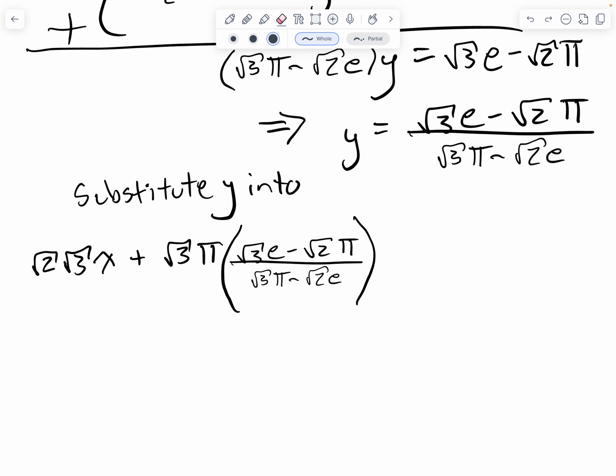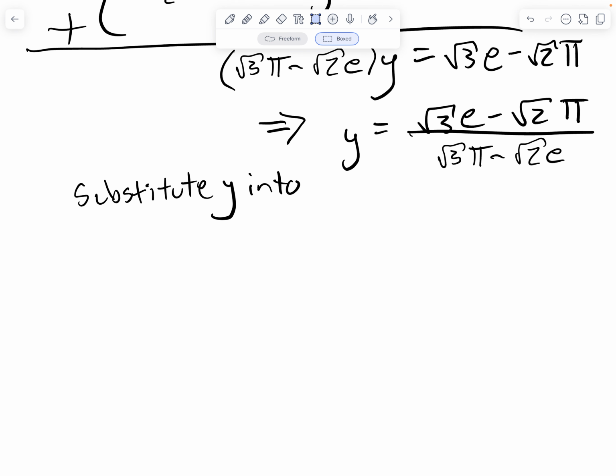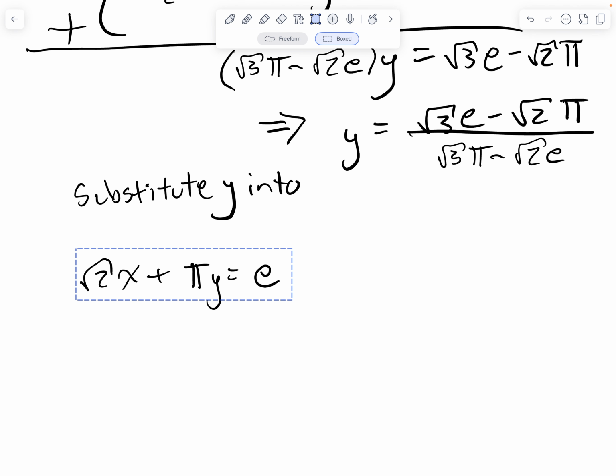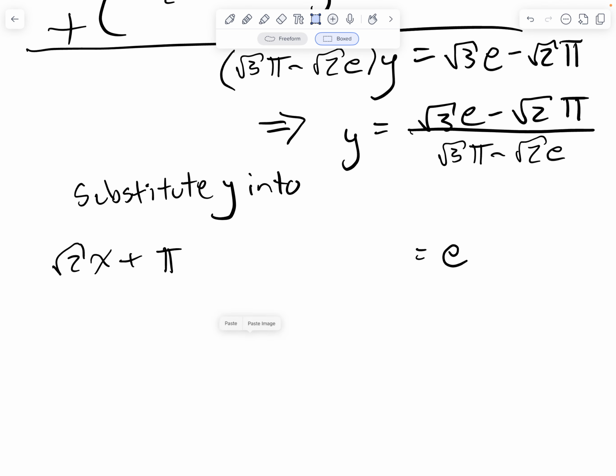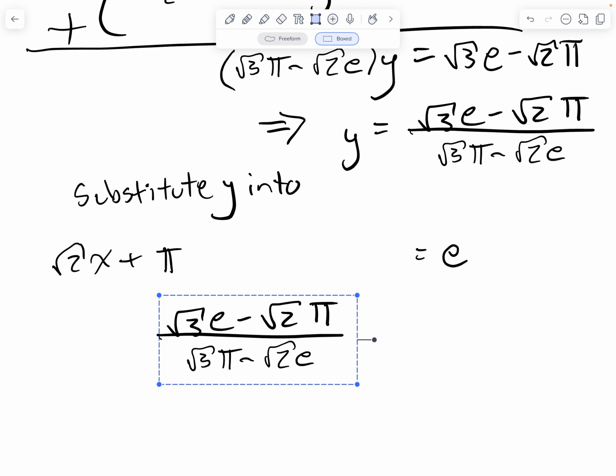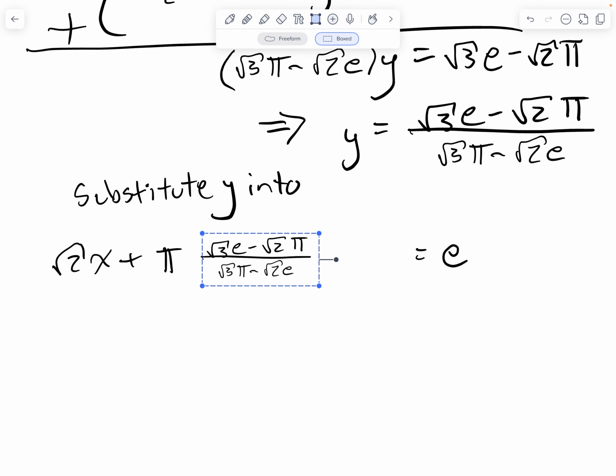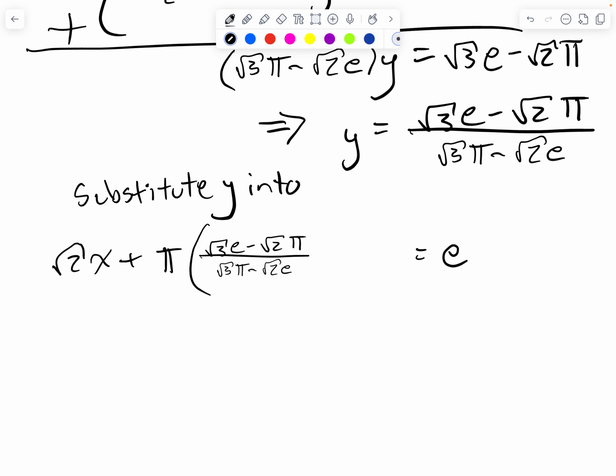So let's do that instead. Paste, boom. We're going to replace our y value with this guy. Copy, paste, reselect. And, all right. Now we're just trying to figure out x.